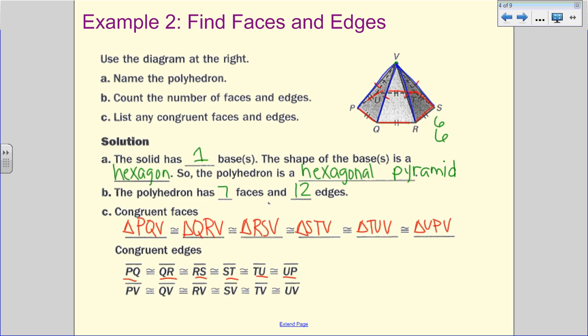So PV is congruent to QV, is congruent to RV, SV, TV, and UV. So we're using those congruency marks the same way we did before to create congruent faces, congruent sides of the figure, and then the edges.